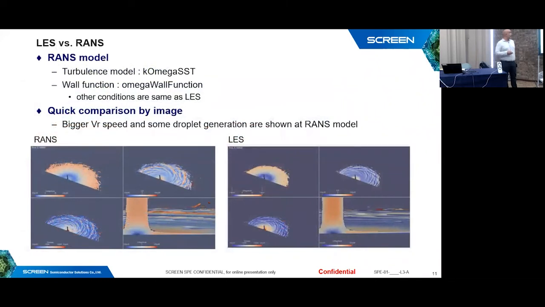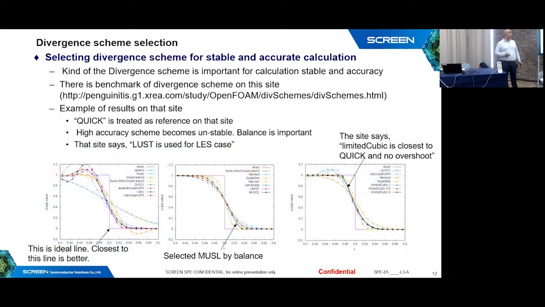In these pictures, we compare RANS and LES, with almost the same conditions to make it comparable. What we face is that with RANS, we have a huge speed, too high compared to what we expected. And we have a lot of droplet generation with RANS, but not with LES. So LES was really fitting our problem. I will show you some data later.